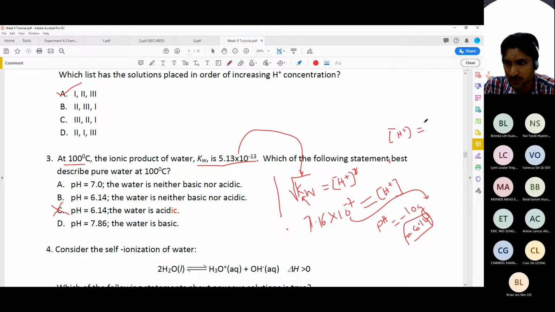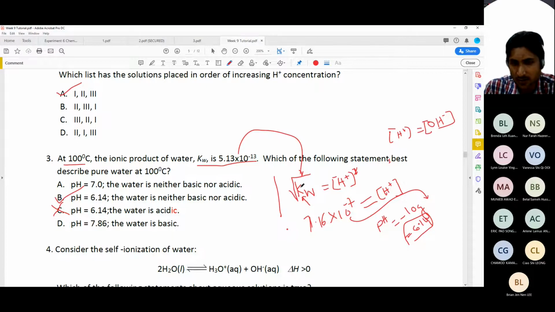This is what I was talking about in the class during the lecture. You can recall it. So it is neither basic nor acidic. It is still a neutral solution.